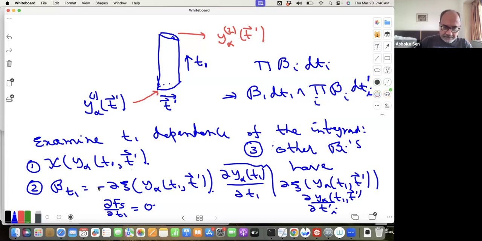So BT1 also has, let me try to fit this in, minus 1 over chi of y alpha. I'm not writing the arguments, it's the same argument. That is the structure of BT1. Is this argument clear?